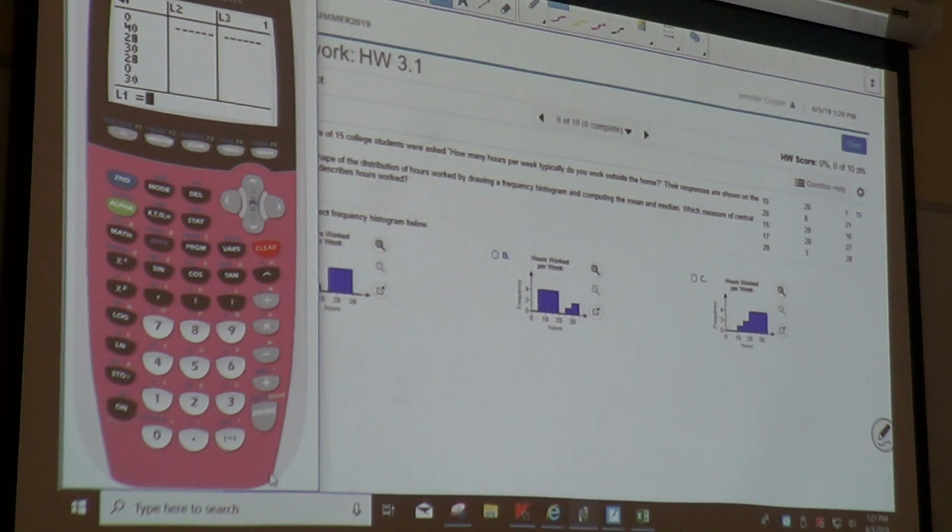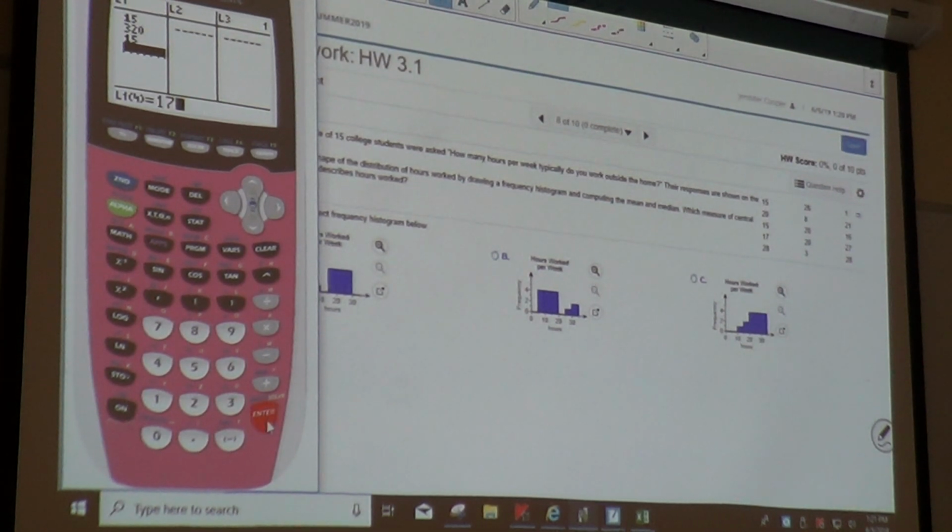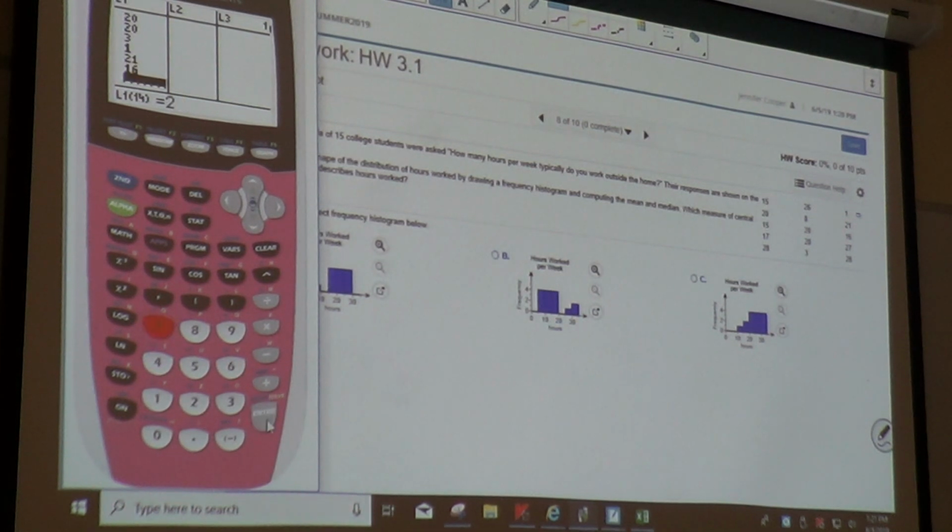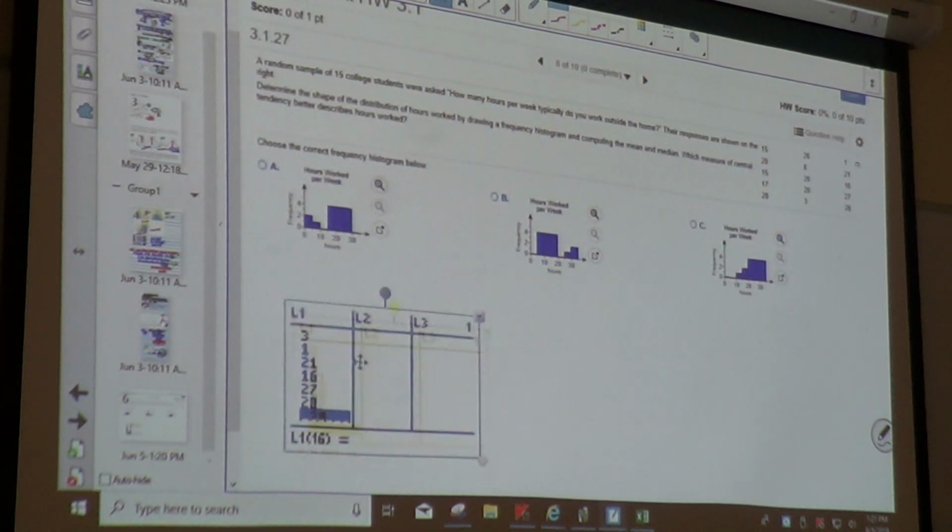Go to the top, clear, enter. All right, 15 pieces of data. I'm on line number 16.